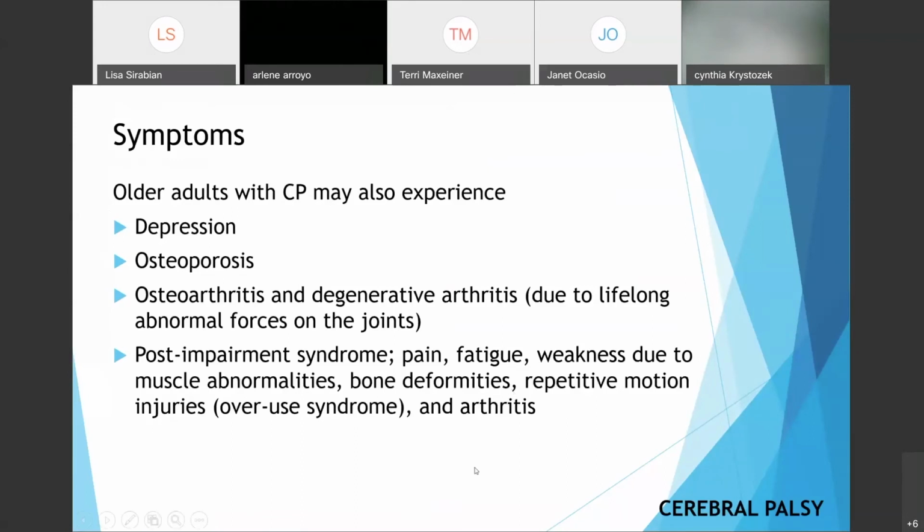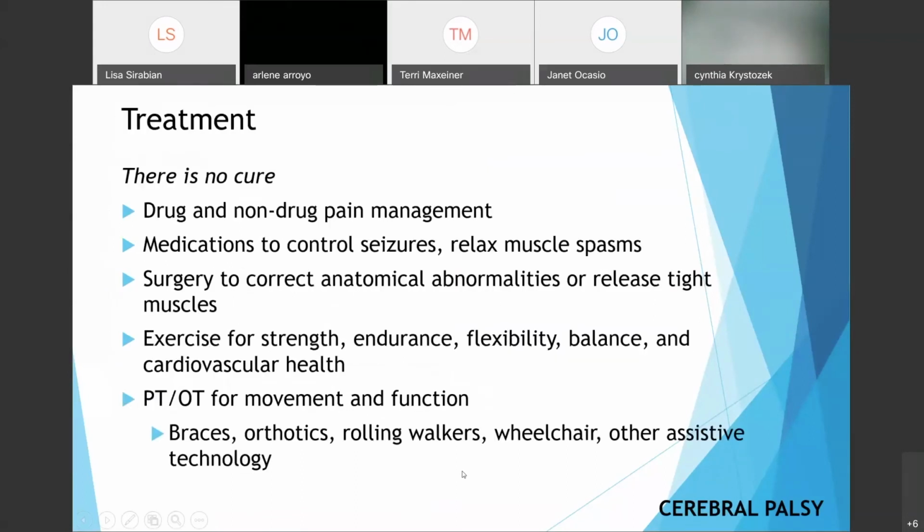There's no cure for cerebral palsy. Drug and non-drug pain management is going to be key. Also, medications to control seizures or relax muscle spasms. Sometimes people have surgery to correct anatomical abnormalities or to release tight muscles. Exercise is also key, strengthening endurance, flexibility, balance, and cardiovascular health.